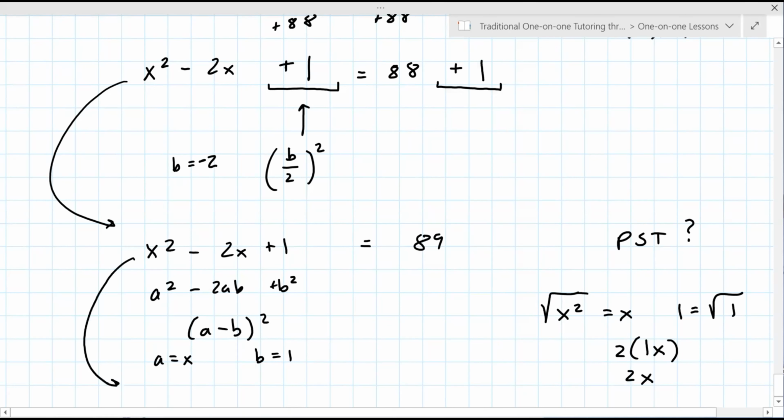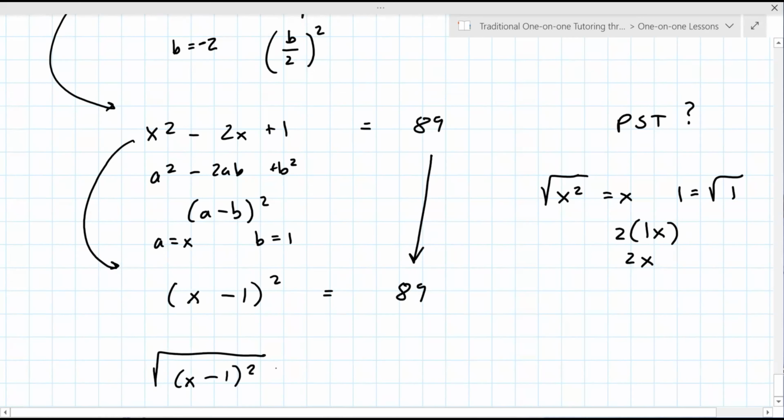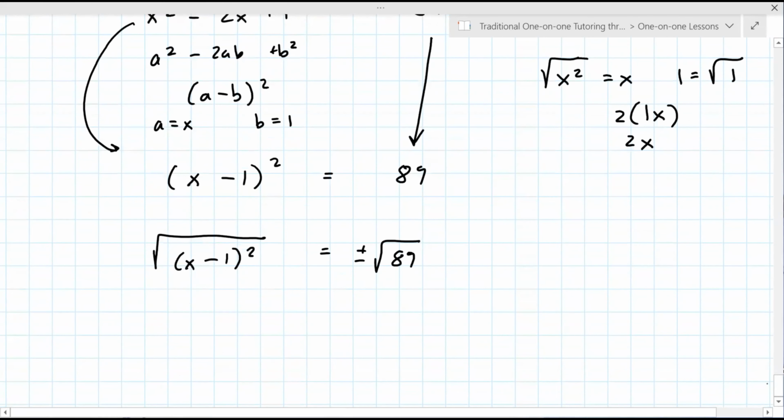So this line becomes (x minus 1) squared equals 89. And then we square root both sides. Exactly. So x minus 1 equals plus or minus the square root of 89. And then we add 1 to both sides. So x equals 1 plus or minus the square root of 89.